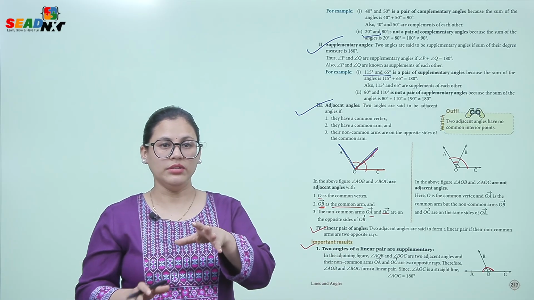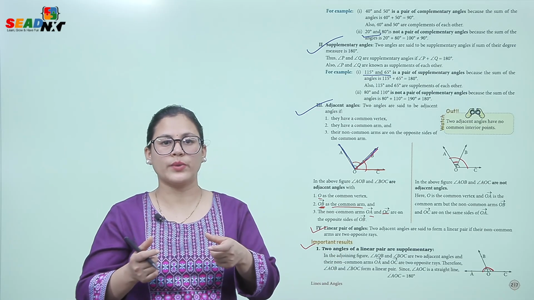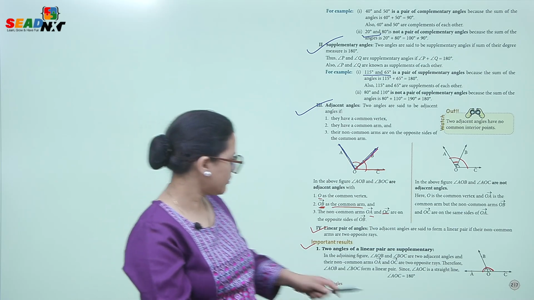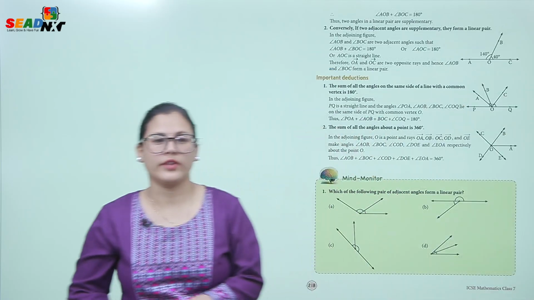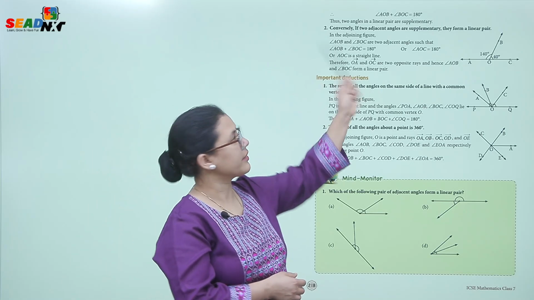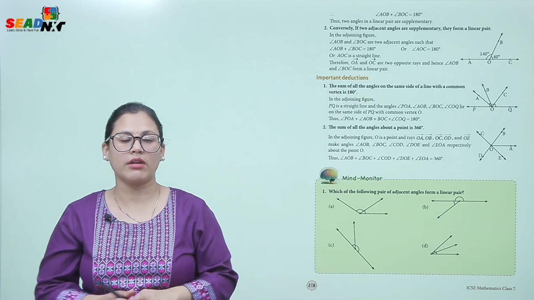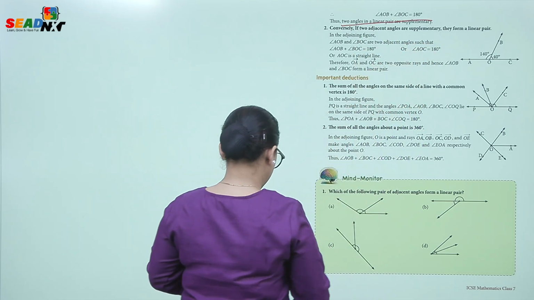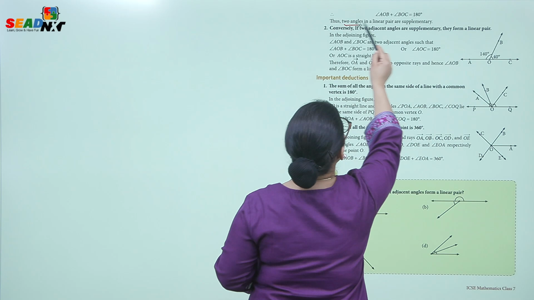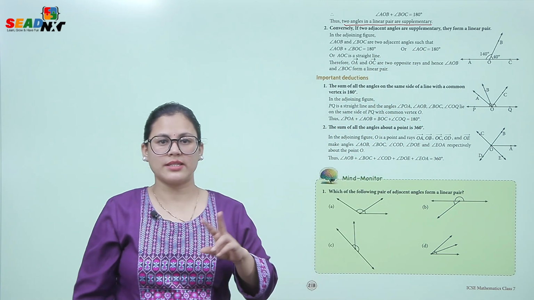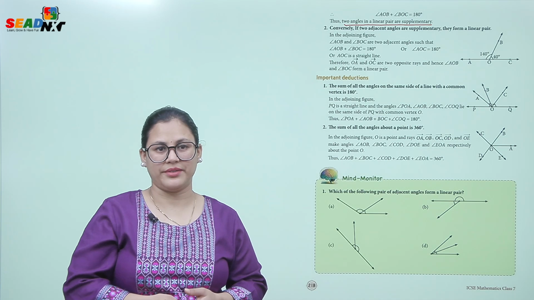So, always remember, the two angles of a linear pair, their sum will be supplementary. Angle AOB plus BOC is equal to 180 degrees. These two angles in a linear pair are supplementary. Remember that. Next is, conversely, if two adjacent angles are supplementary, they form a linear pair.